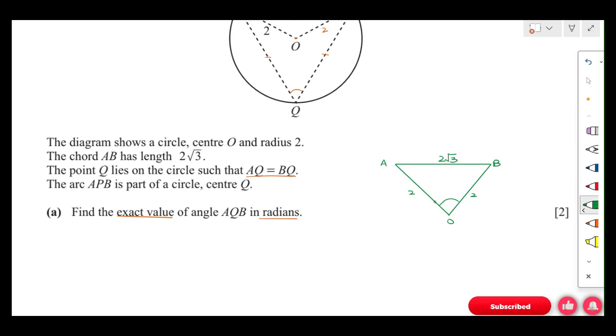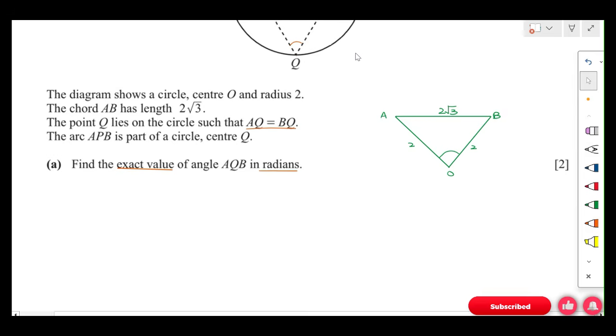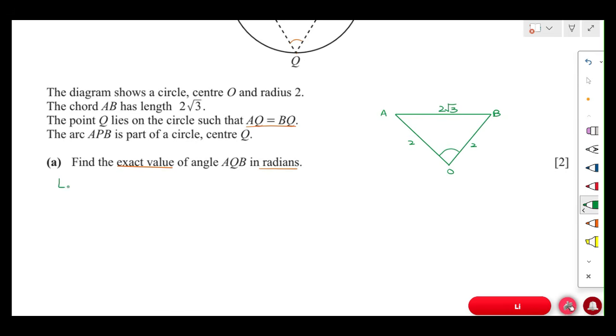Let me solve for this angle. If you have all three sides of the triangle, we can get one angle by using the law of cosine. So here we can apply the law of cosine on triangle OAB.